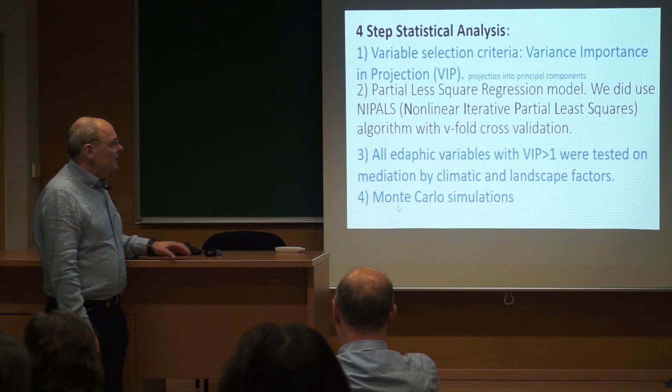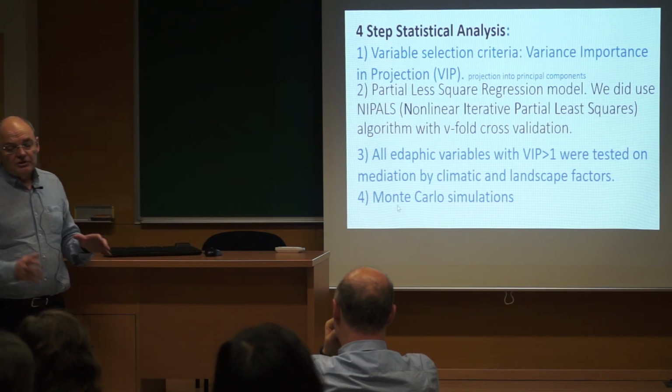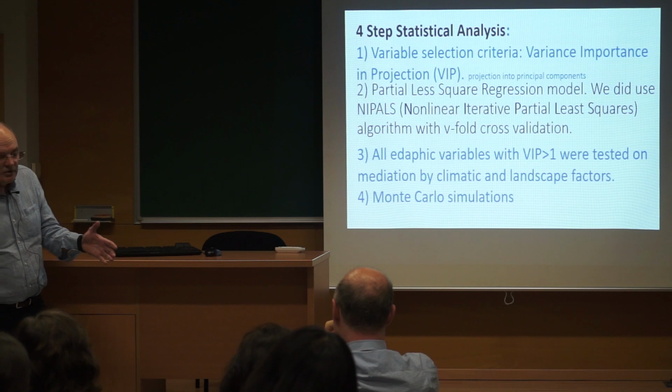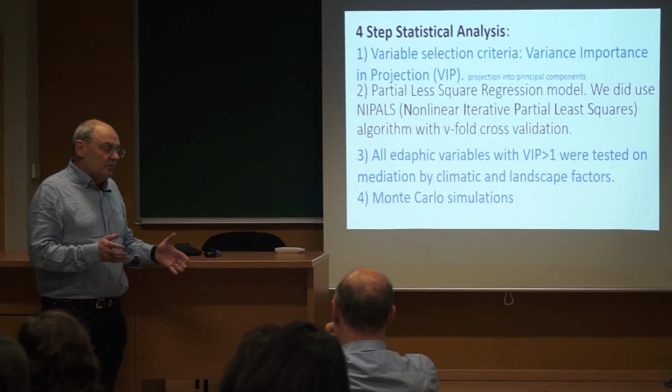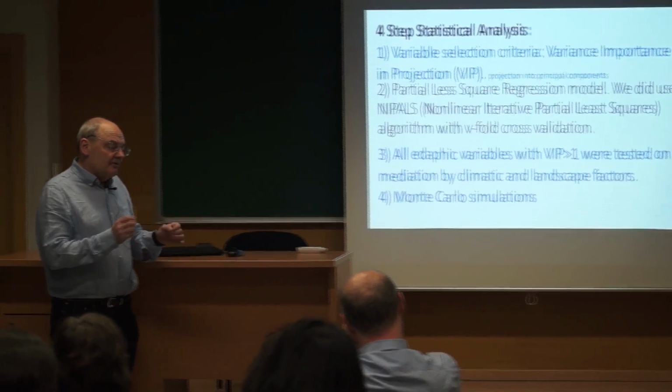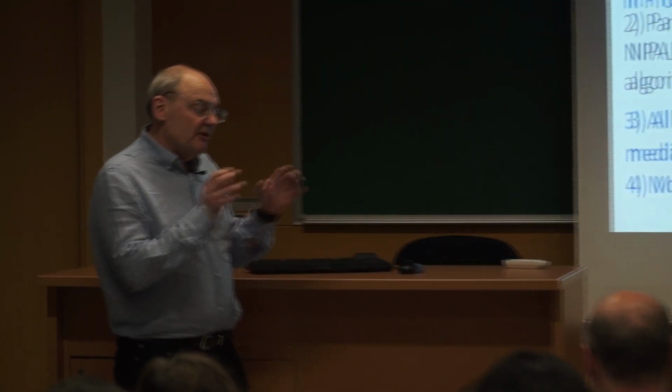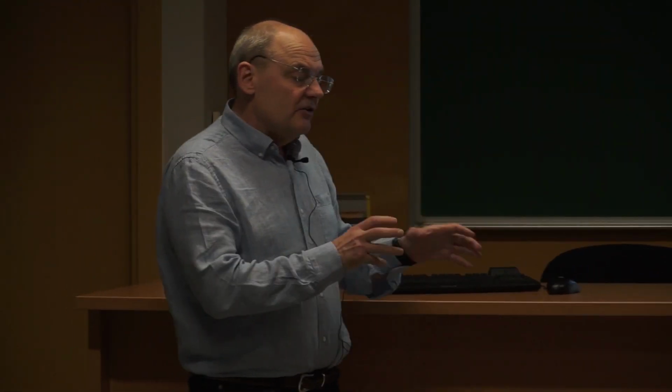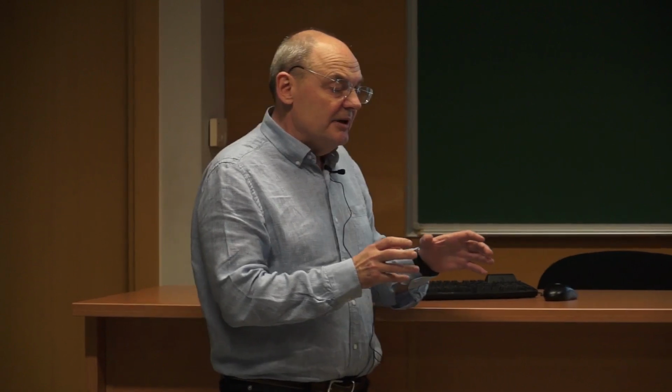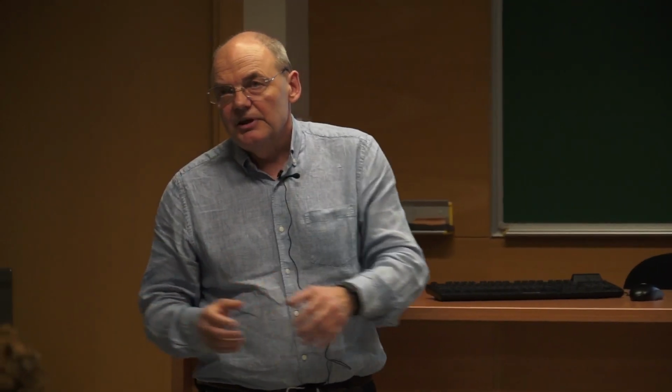And at the end, we did Monte Carlo simulations just because we have 26 watersheds, and we want to change average start of season values for these watersheds in the range of natural variability to see if every time we will get the same number of variables in our model. So that was, I think, a necessary step at the end of our analysis.